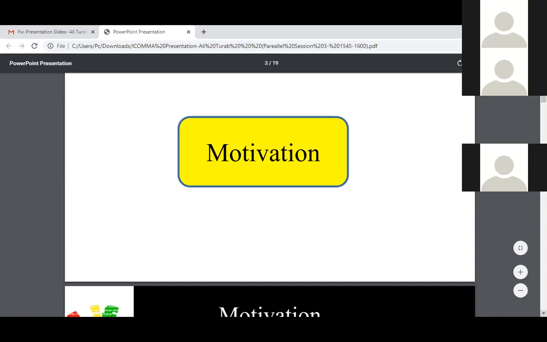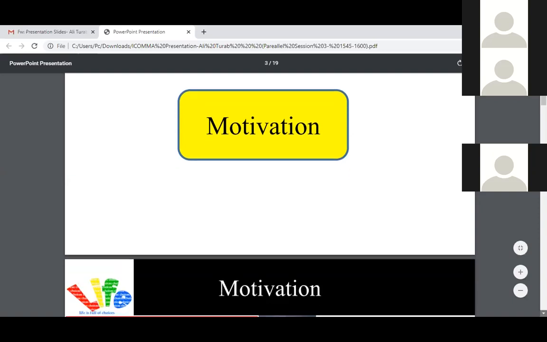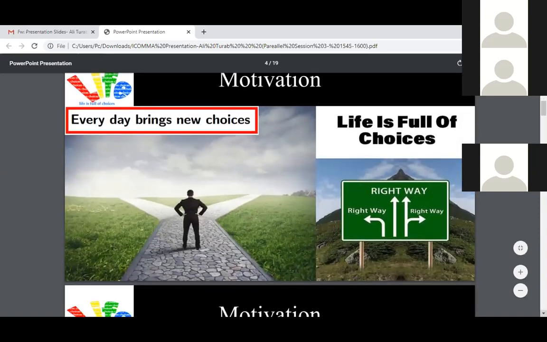It means that, next slide please, life is made up of an infinite number of choices, and each choice we make will be helpful in our life. For example, when we follow a path, there are many choices to choose a suitable path.